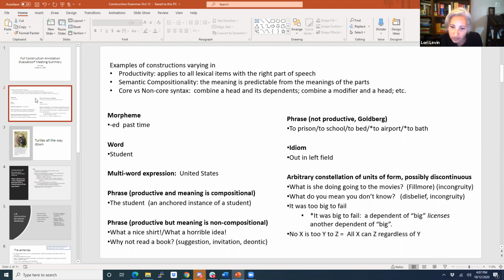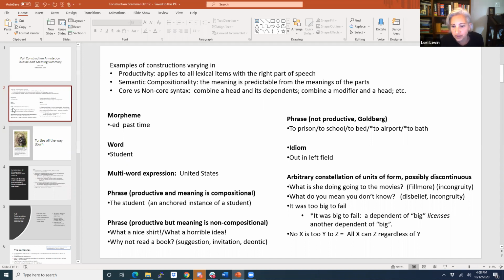But in the bottom left and the bottom right of the screen, there are a lot of examples of constructions that are not core syntax. Not just putting together a head with one of its dependents.